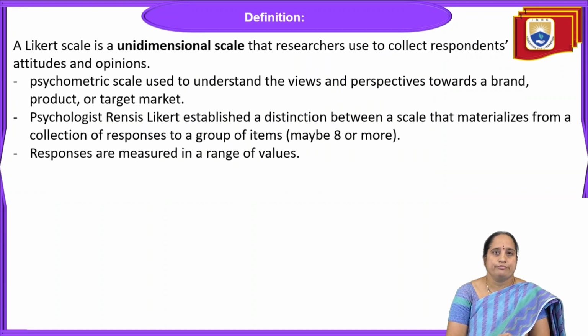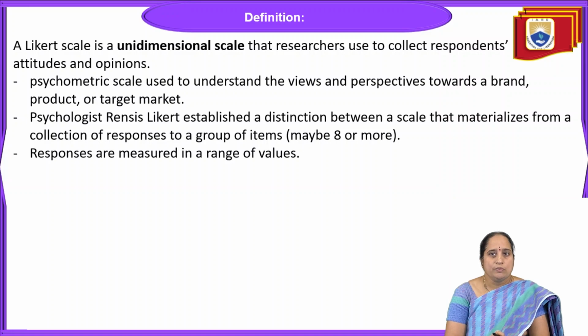Coming to the definition of the Likert scale: like the Thurstone scale and the Guttman scale, the Likert scale is also a unidimensional scale. Researchers use this particularly to collect respondents' attitudes and opinions. It is a psychometric scale which is used to know the views and perspectives of people towards a brand, product, or a target market.